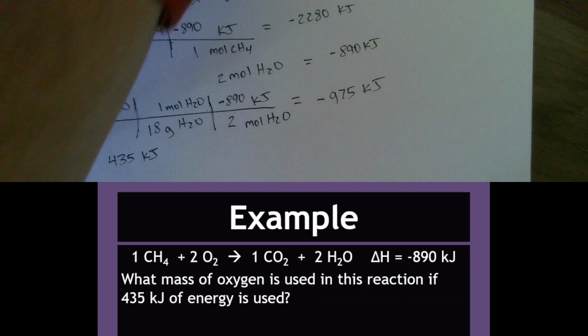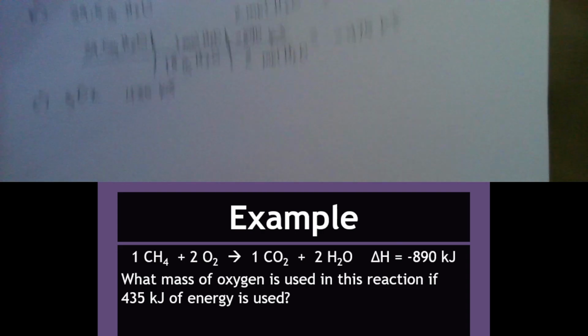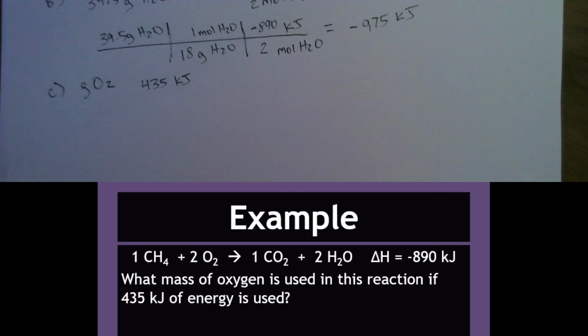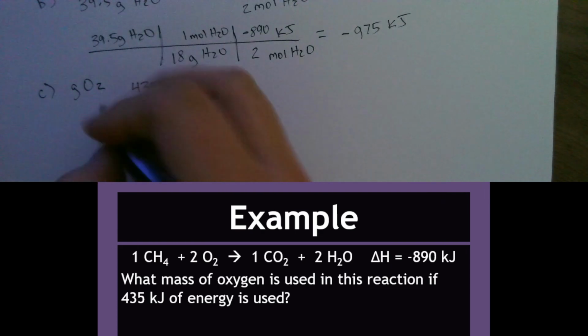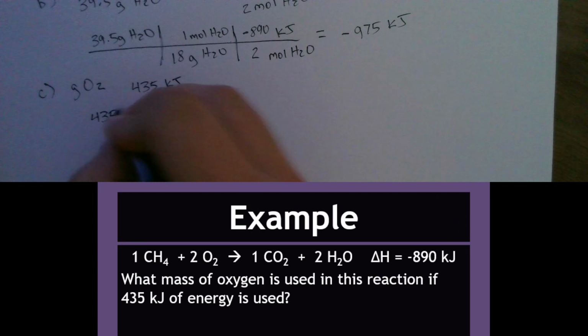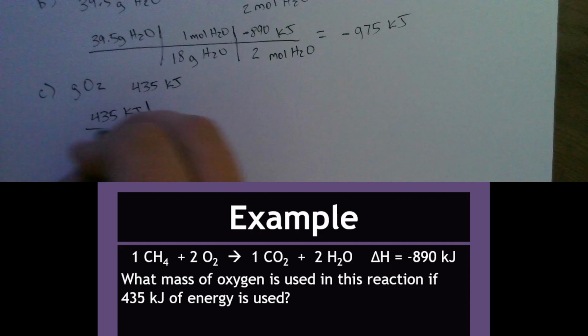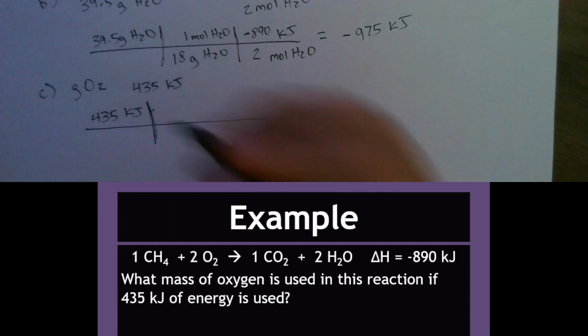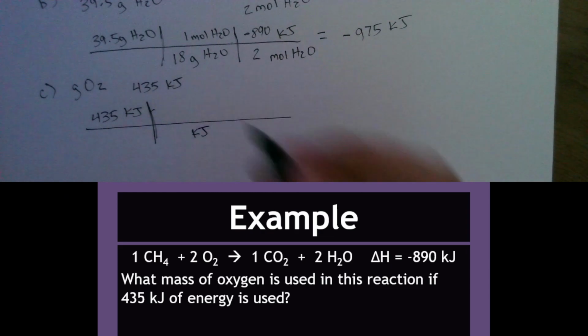Out of room. Okay. So this time I'm starting with kilojoules. I need to find grams of oxygen. So let's see what I can do with that. 435 kilojoules. Kilojoules on the bottom to cancel.